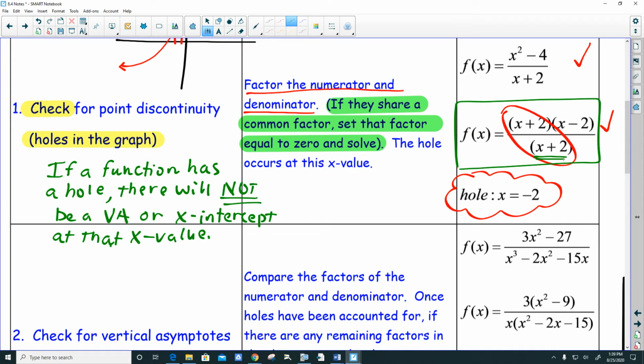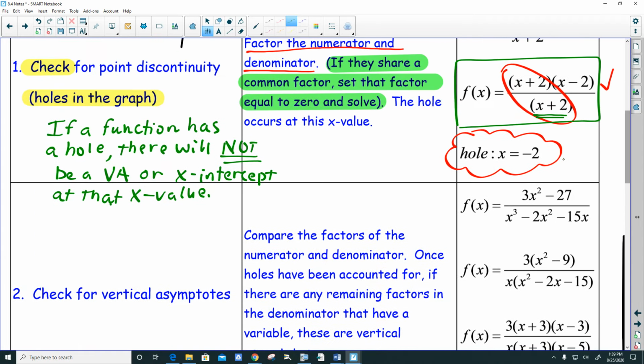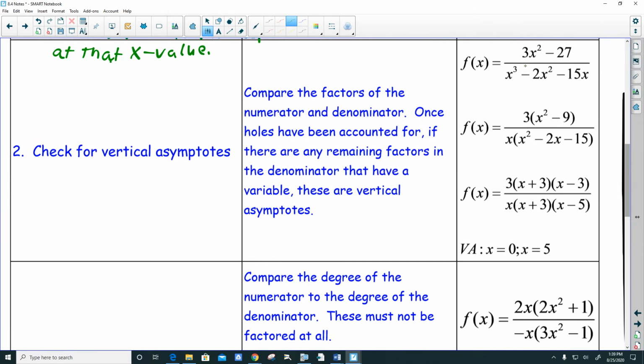Okay? So if you've used it as a hole, then we do not identify it as a vertical asymptote. Same thing, we would not identify -2 as being an x-intercept. Okay? All right, so that's the only new piece to this particular lesson.